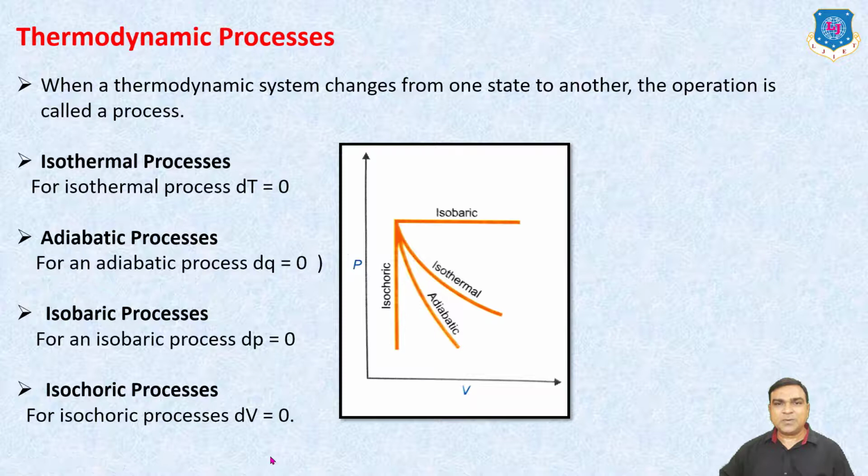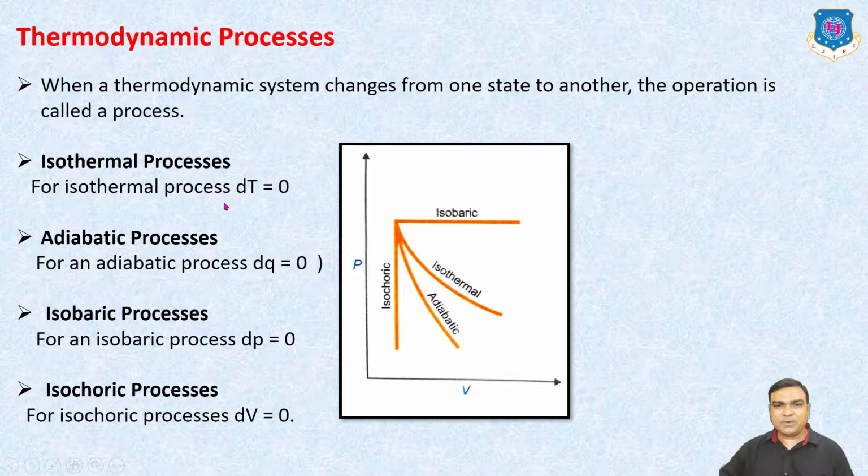Now, various thermodynamic processes. When a thermodynamic system changes from one state to another, the operation is called a process. In this graph of pressure versus volume, if we change the state and do the process from one state to another, and during the process the temperature remains constant, that process is known as an isothermal process.